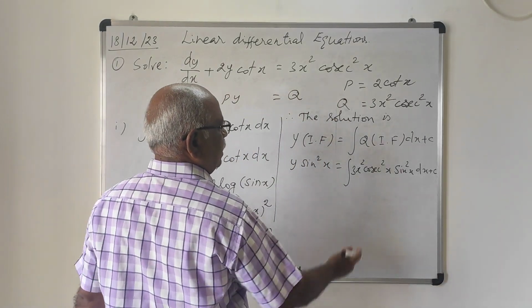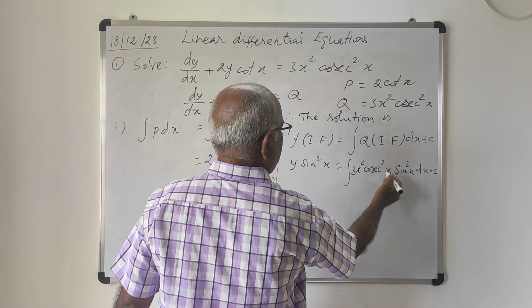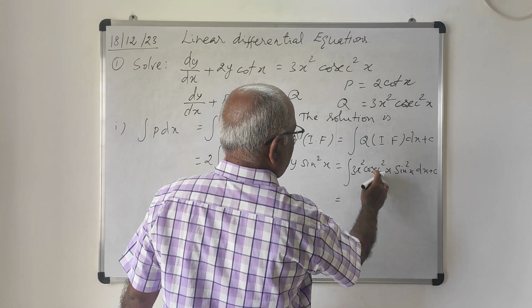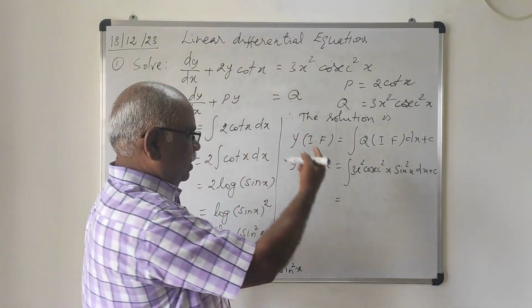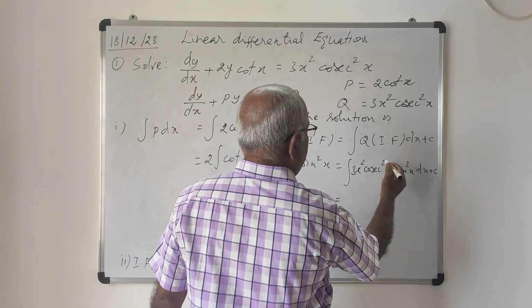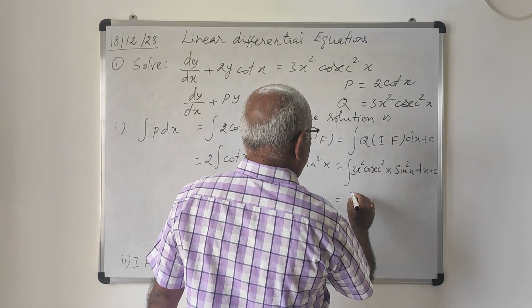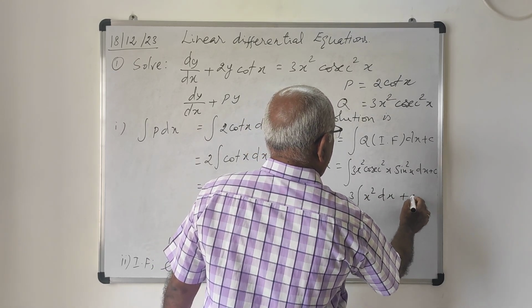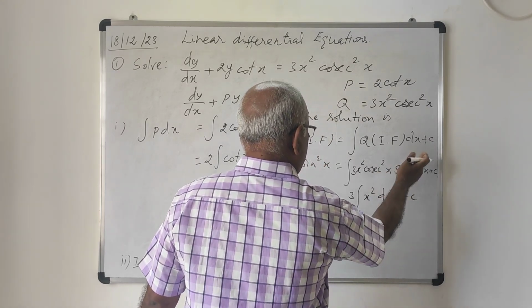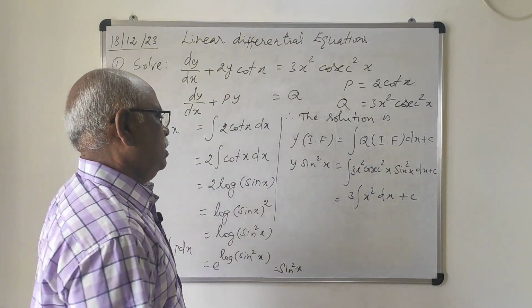Cosecant square and sin square are reciprocal functions, they cancel each other because cosecant square is 1 by sin square. You will get only 3 times integral x square dx.